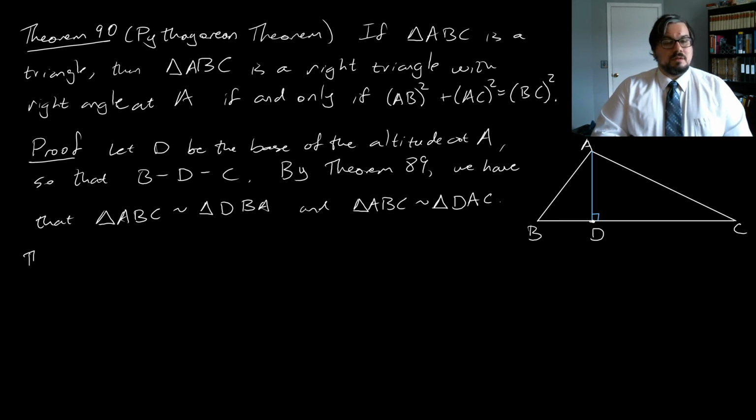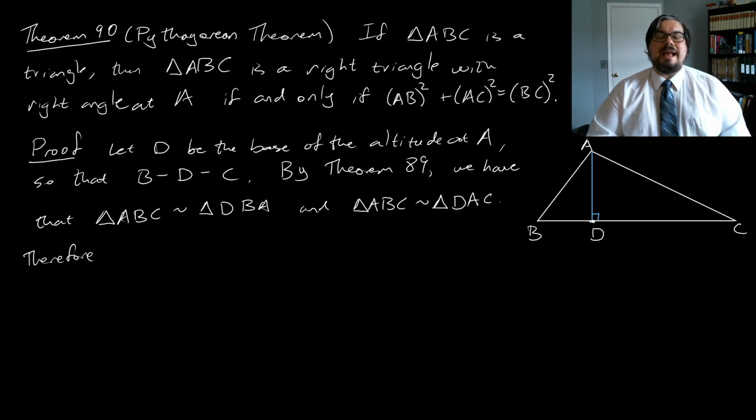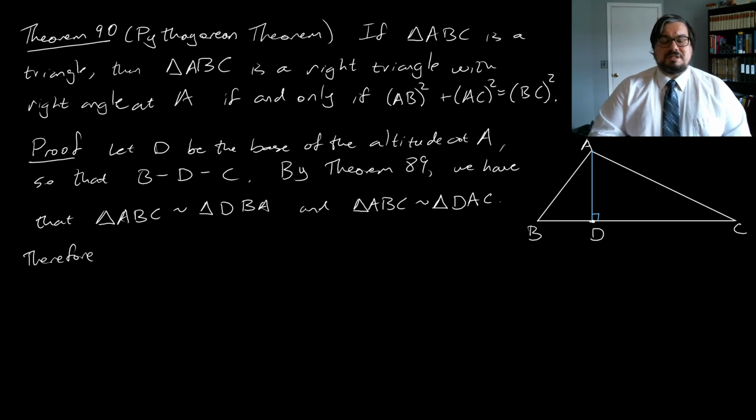Therefore, we can look at the corresponding ratios of sides between these two triangles. Now, there are, of course, 3 different ratios that we can say are equal. We're only interested in those ratios that involve side lengths that actually are part of the sides of the original triangle. So in particular, we're not actually interested in the side length AD in this triangle.